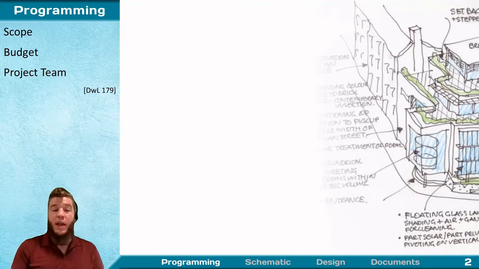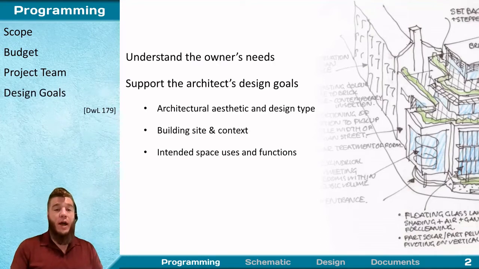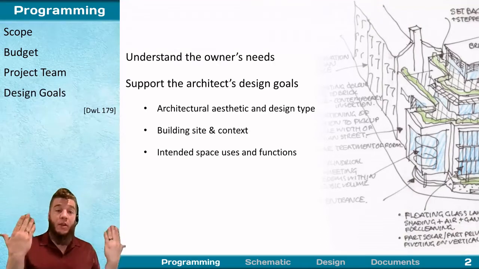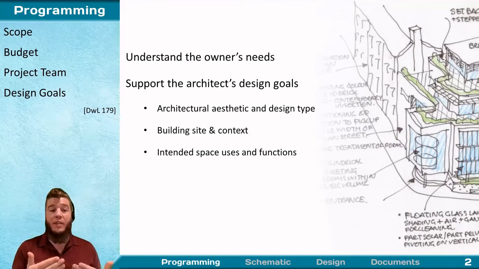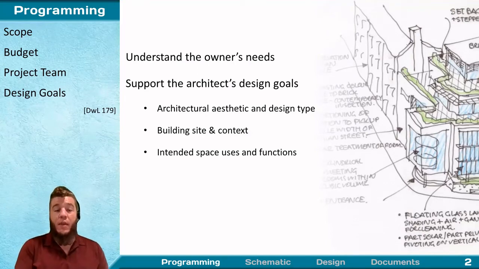So these are aspects that we're not really going to take a look at with your design project. Instead, what we're going to focus on is the design goals part of programming. And so the design goals basically come down to a couple things. First and foremost, what you're trying to do here is understand the owner's needs. And a lot of times that's actually done by the architect.